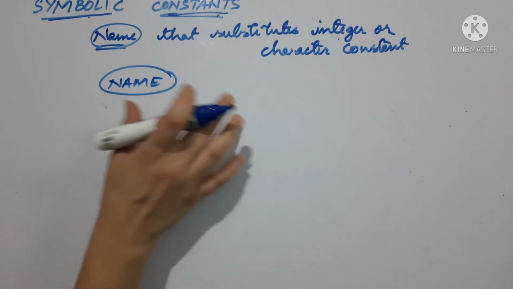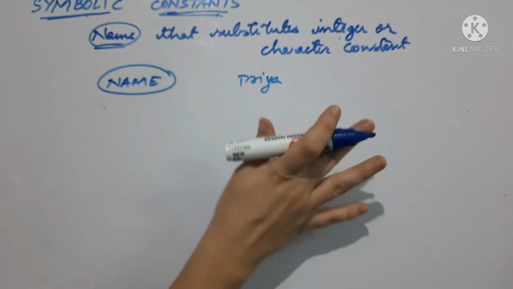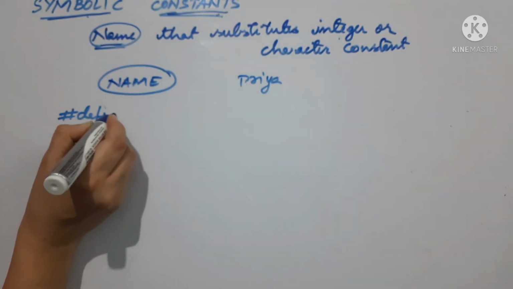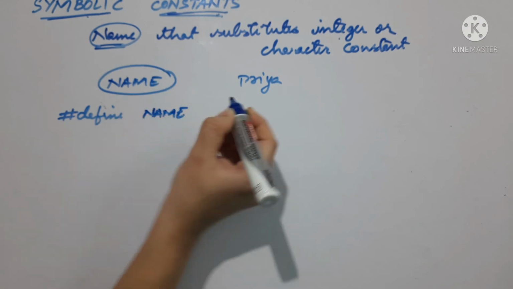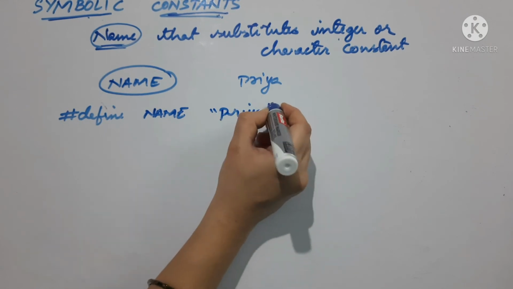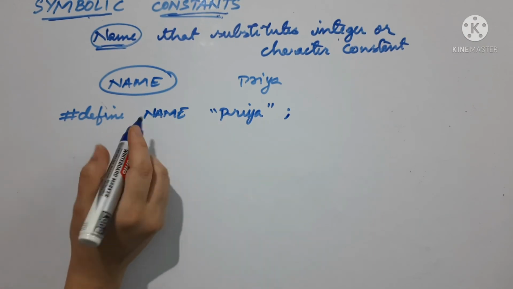Whenever I am saying name, then it should take the value Priya, wherever I use it in my program. So for that purpose, we can just simply say hash define name. I can write Priya. So whenever I say name, the value taken will be Priya.